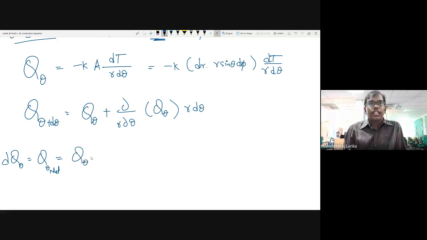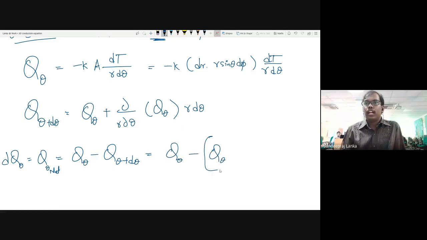This is q theta minus q theta plus d theta, which is equal to q theta minus, I'm substituting it here. What I get is q theta of dou by r into dou theta into q theta into r into d theta.